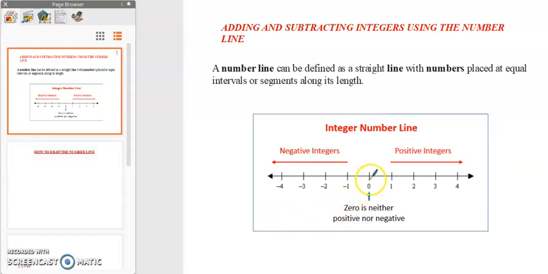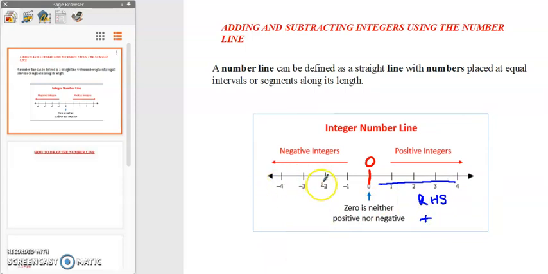And if you notice, in the middle of the number line we have 0. So 0 falls right in the middle. On the right hand side we have positive numbers.